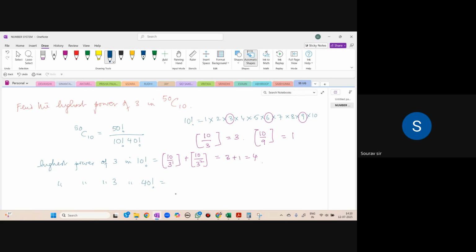Highest power of 3 in factorial 40. Similar calculation.